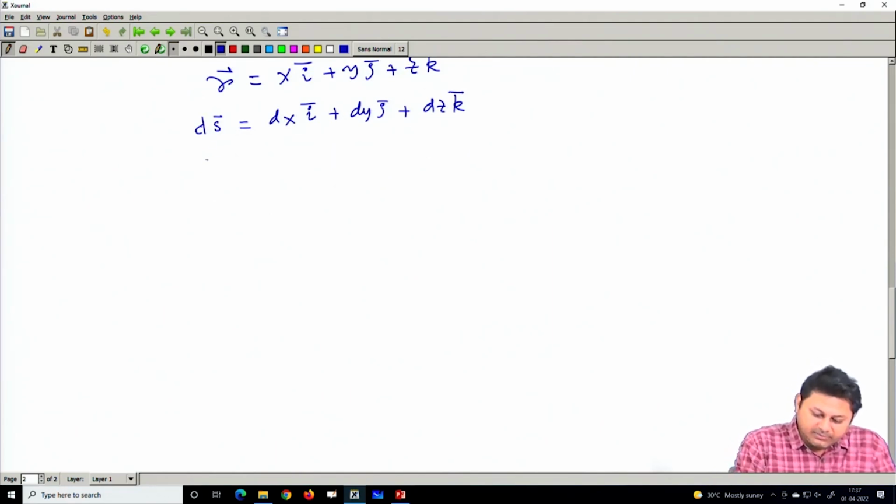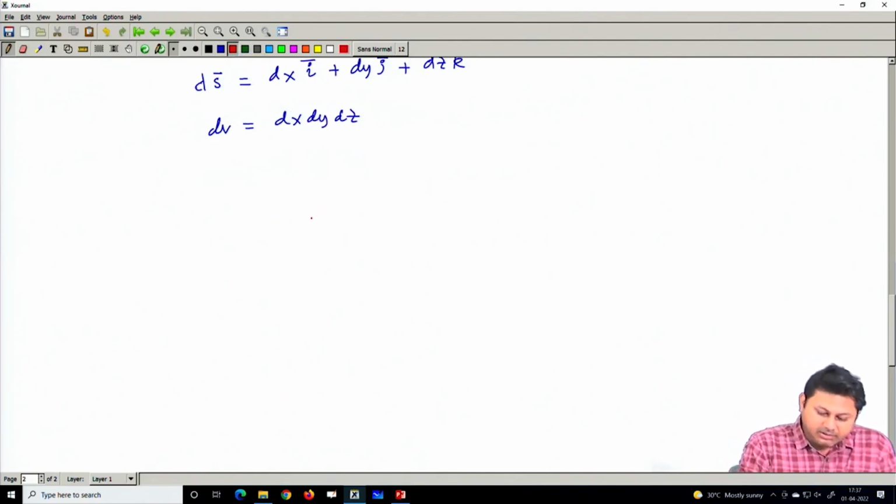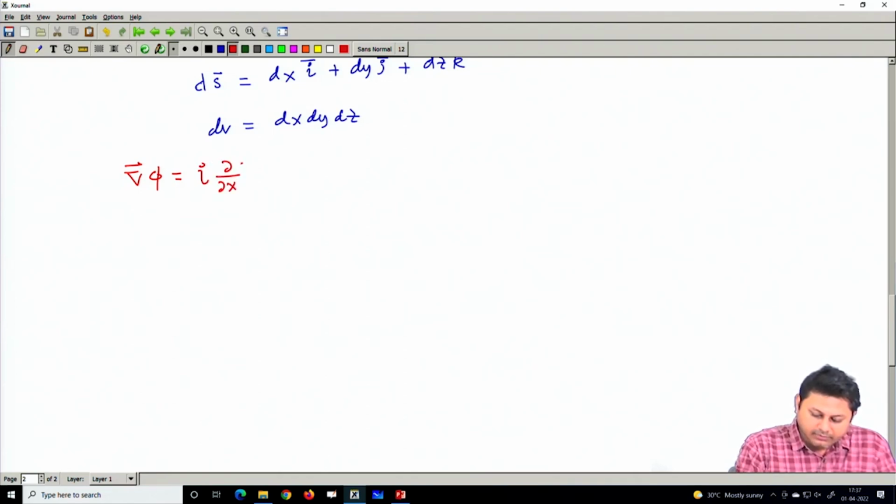What is dv, the volume element? The volume element is simply dx dy dz. Now, what is the operator? If I have a gradient operator, which is simply i del phi del x plus j del phi del y plus k del phi del z.